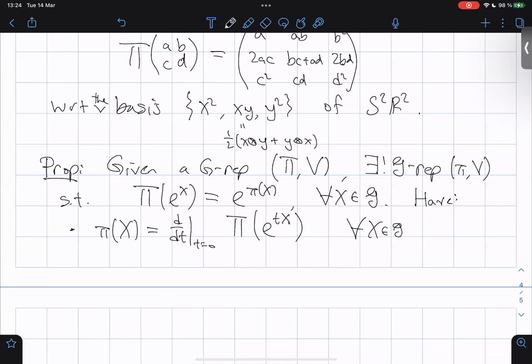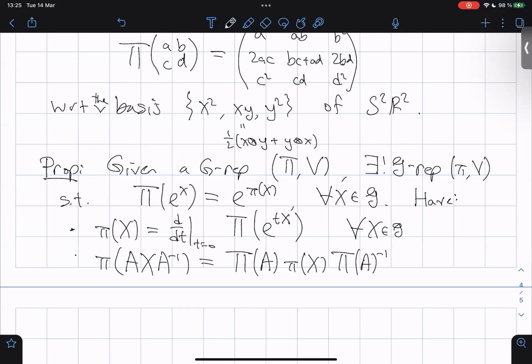Okay, that's property number 1, and property number 2: how does it behave with respect to conjugation by an element of big G? There's this nice conjugation property over here.